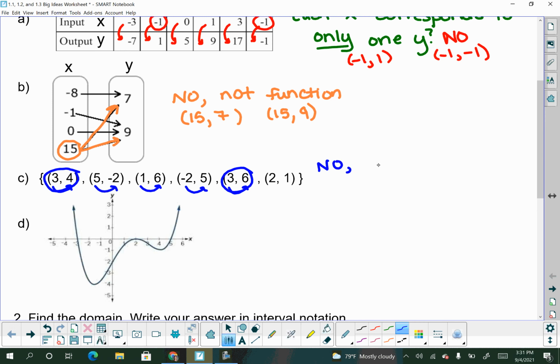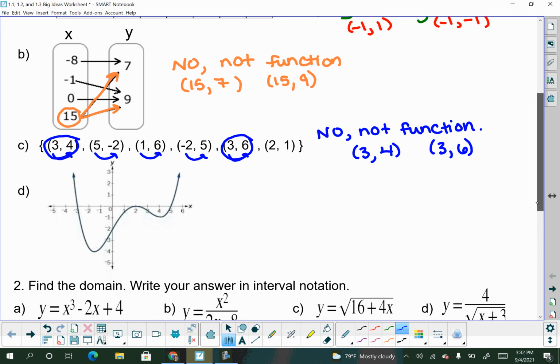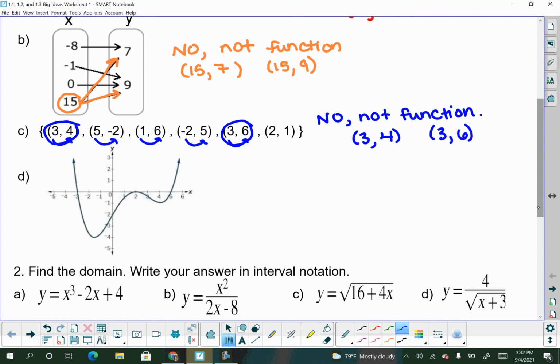So again, no, it is not a function. And we have a counterexample: 3 goes to 4 and 3 goes to 6.